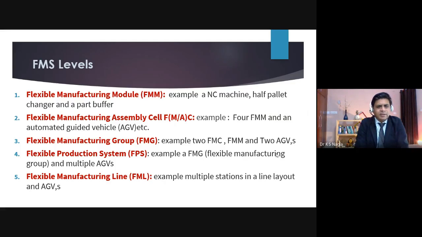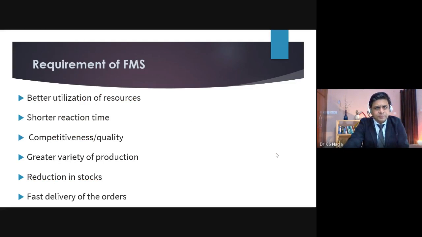In the case of a flexible manufacturing line in a large manufacturing unit such as an automobile manufacturing unit, it may consist of multiple stations in a line layout, and various automated guided vehicles may be there.